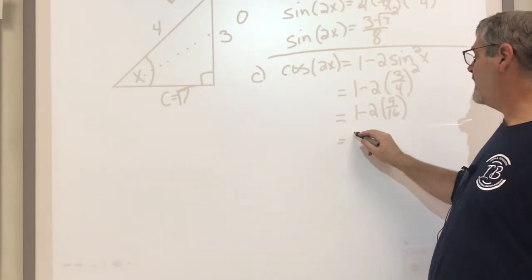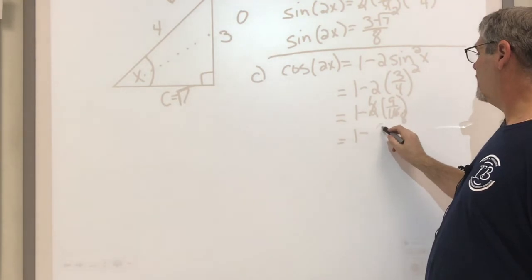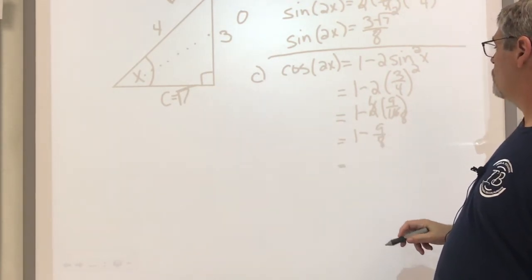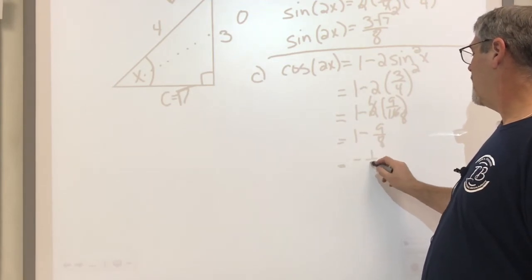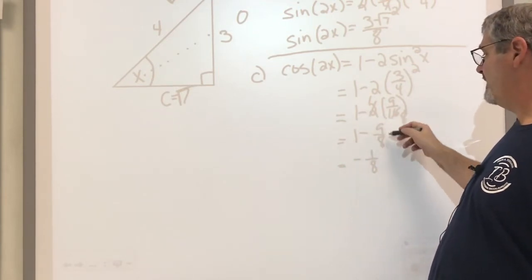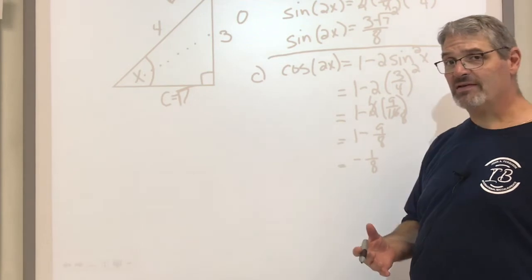If I simplify, I get 1 minus, well, 2 and 8, I get 9 over 8, which is going to give me negative 1/8. 1 is 8 over 8, minus 9 over 8 is negative 1 over 8. I hope that made sense.